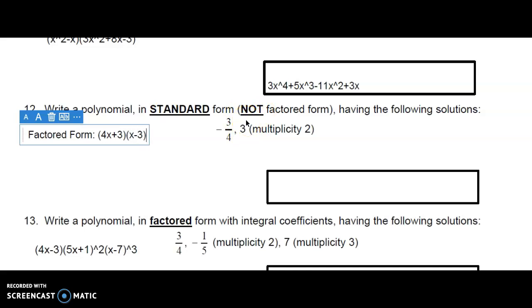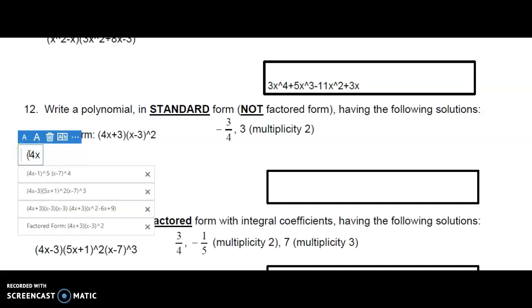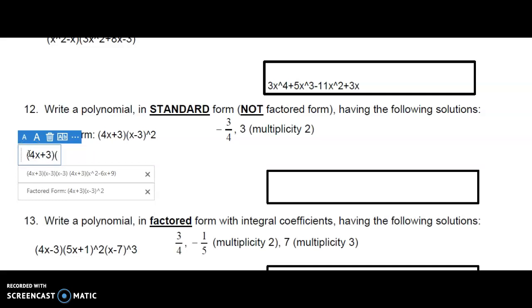Because it's multiplicity 2, that would be raised to the 2nd power. Writing that out fully, you have 4x plus 3 times x minus 3 times x minus 3 again. That's because you are just writing x minus 3 twice. That's what multiplicity 2 means. It means that factor occurs twice.